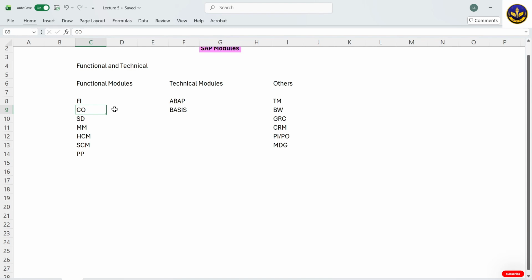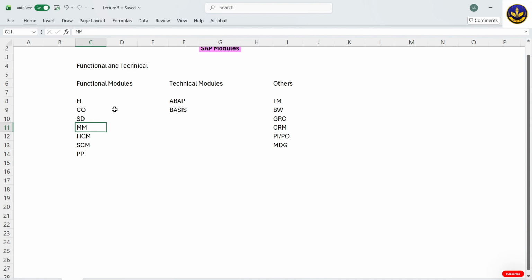And next is SD, which tracks everything related to the sales part, also known as order to cash. The SD full form is sales and distribution.